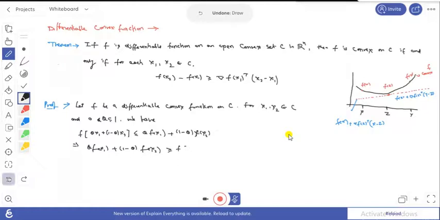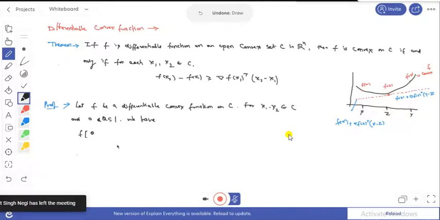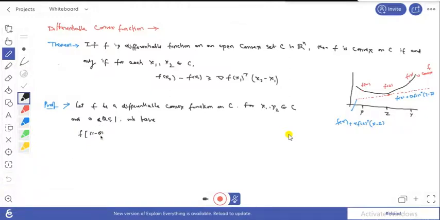We change a little bit here, because for this condition we prove that f(x1) minus f(x2) is greater than or equal to the gradient of f(x2) transpose. So here we need some change, and we take 1 minus theta of x1 and plus theta of x2. No problem here, either you take this or this thing.